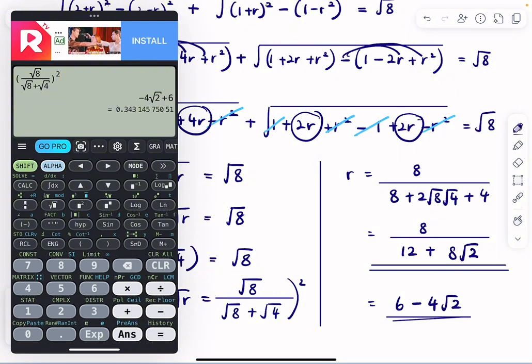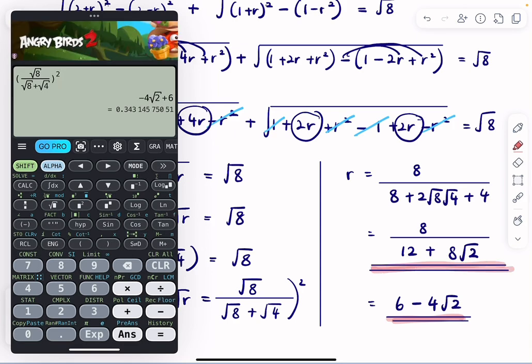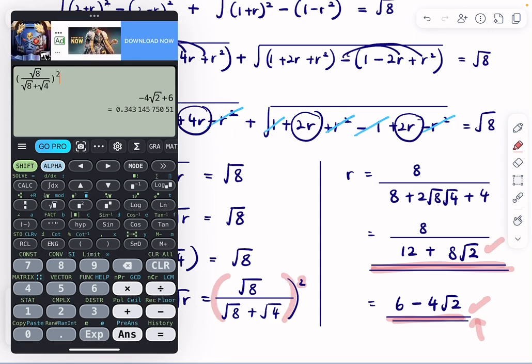This can also be the answer. Actually, this is the better answer because this is rationalized. The answer given in your textbook is not rationalized because the denominator has a surd, and the denominator is not supposed to have a surd. So you can give this answer or this answer. To be honest, this is easier because you can just put this whole thing in the calculator and get your answer.